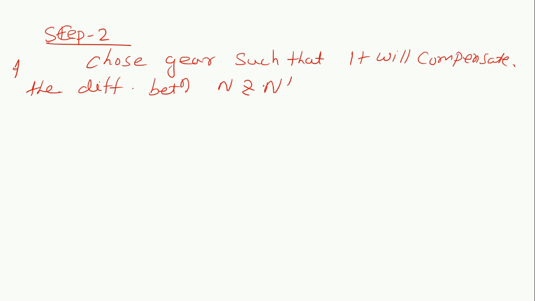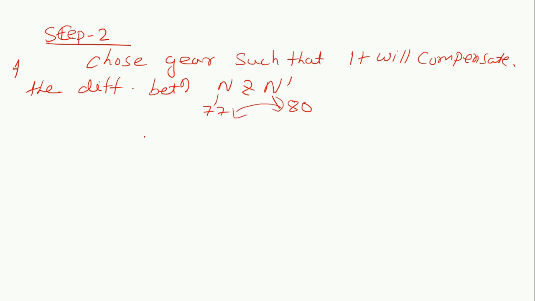Actually N is different, and N prime we are selecting, because we have to divide 77, but it is not divisible by 40, so we choose 80. But there is a difference of 3. So how are we going to choose the gears such that it will compensate this difference?